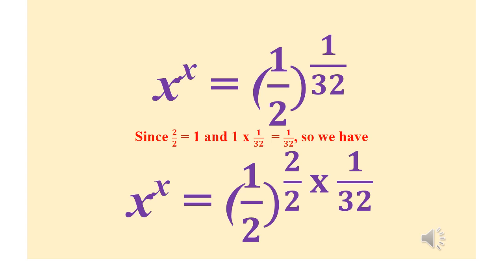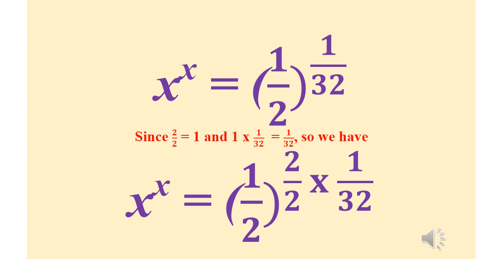Since 2 divided by 2 equals 1, and if we use the 1 to multiply 1 over 32, we still get 1 over 32. So we are going to plug in 2 over 2, which is 1, to multiply the power at the right side, the 1 over 32.